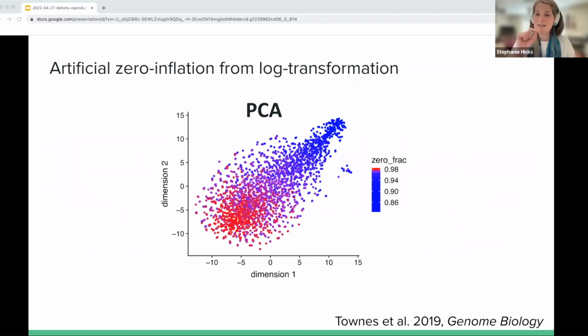In this data set, because it's a negative control data set, or a set of biological replicates, we would expect a blob. We would expect essentially no structure in the data. What we see instead are these elongated shapes where the cells in the top right are colored in blue and the cells in the bottom left are colored in red. The color represents the fraction of zeros for a given cell.